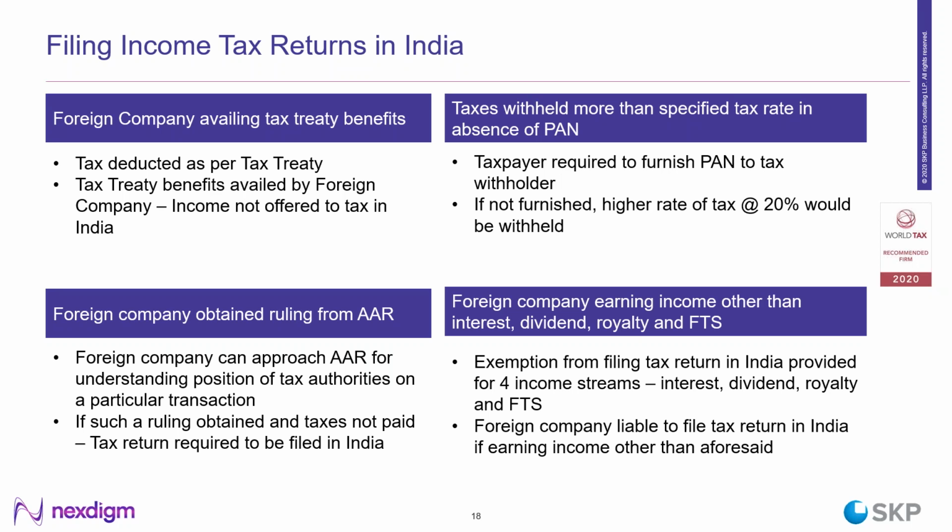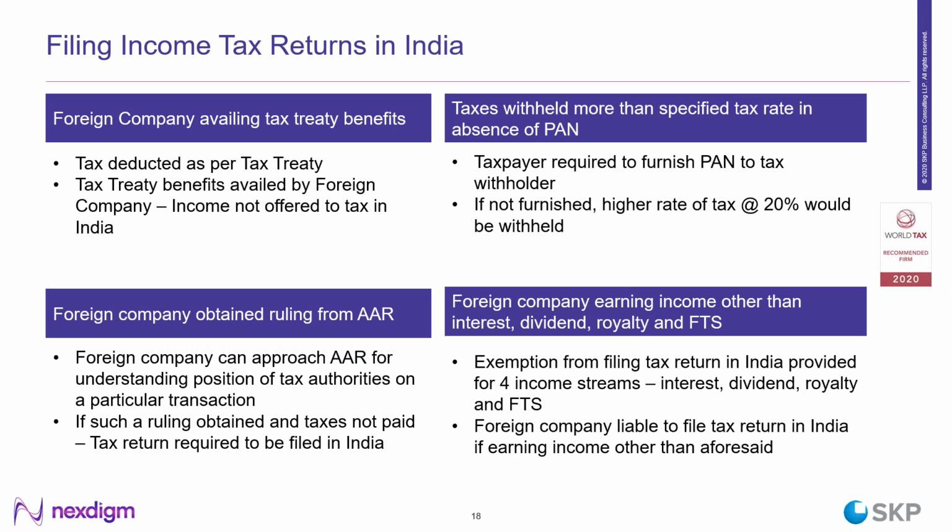Again, any company which has approached the Indian tax authorities and obtained a ruling from the Authority for Advance Ruling on the taxation of a particular transaction in India, and where it has been ruled that they are not required to pay any tax in India, tax return filing would still be required.